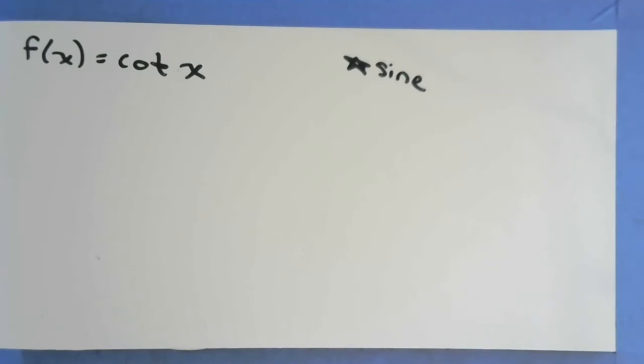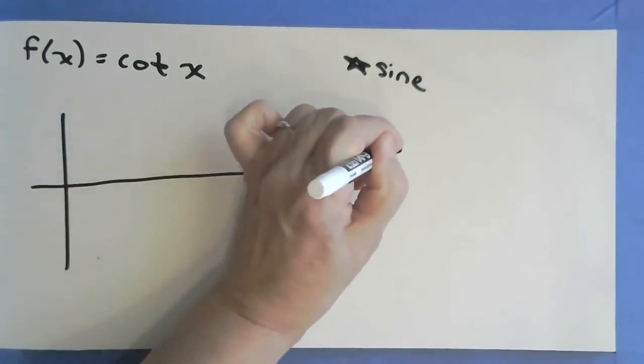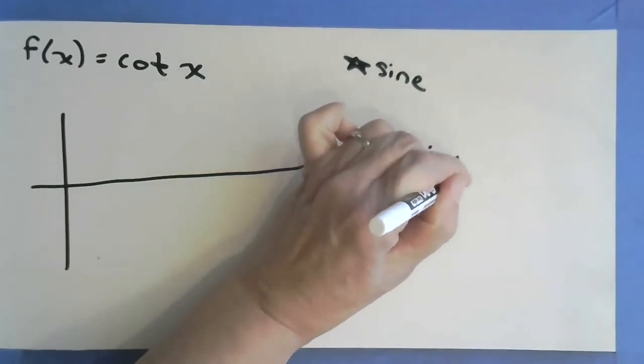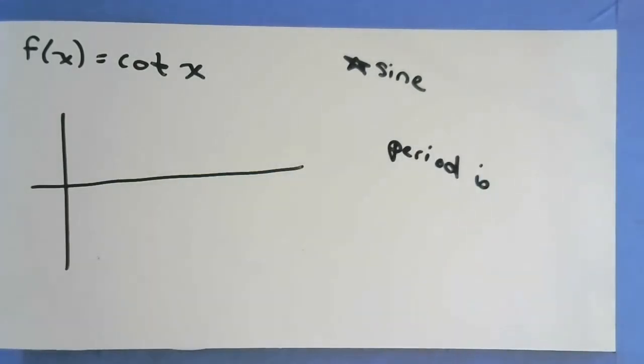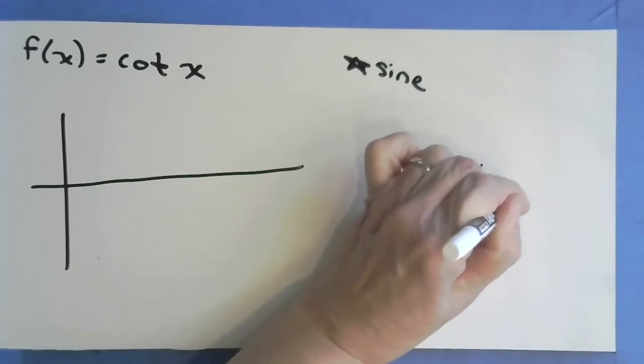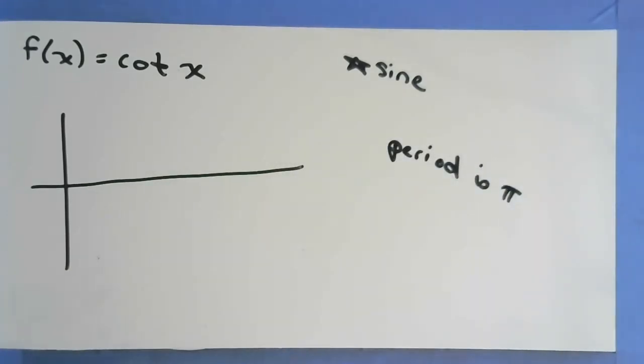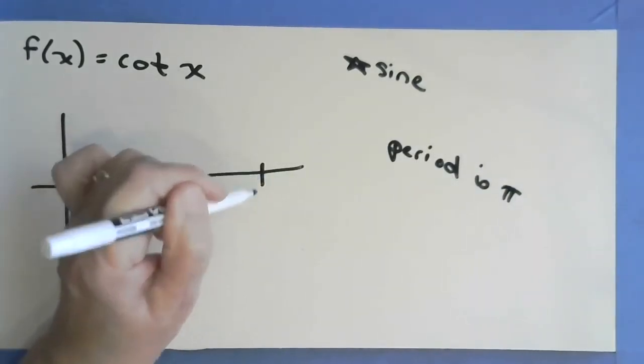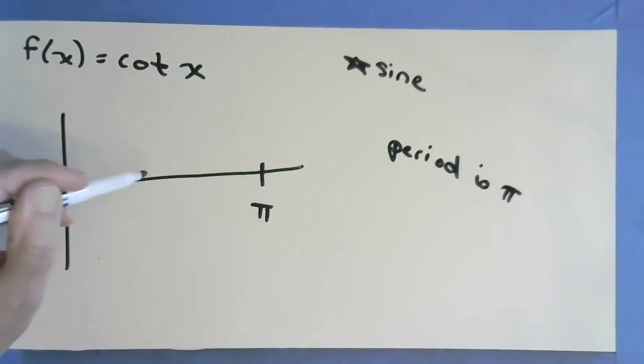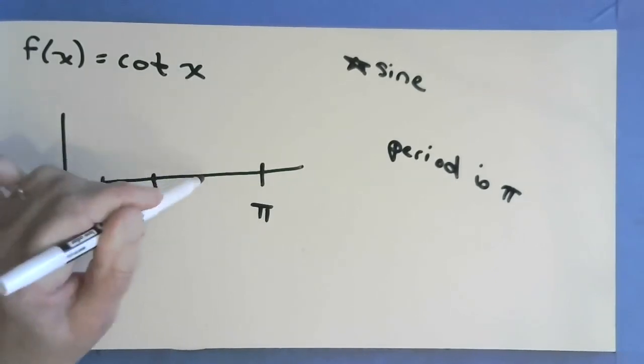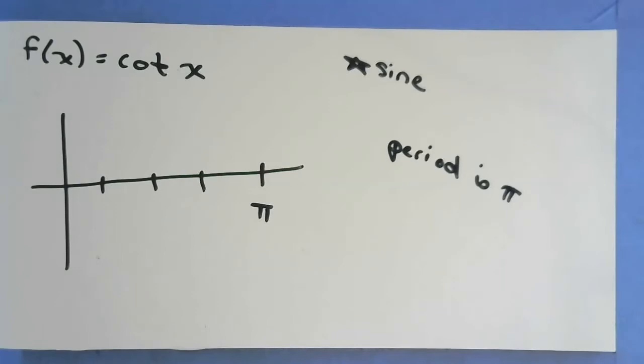For cotangent, it's important to recognize that the period is pi, not 2 pi. So we still have 5 key points, but we stop at pi instead of 2 pi.